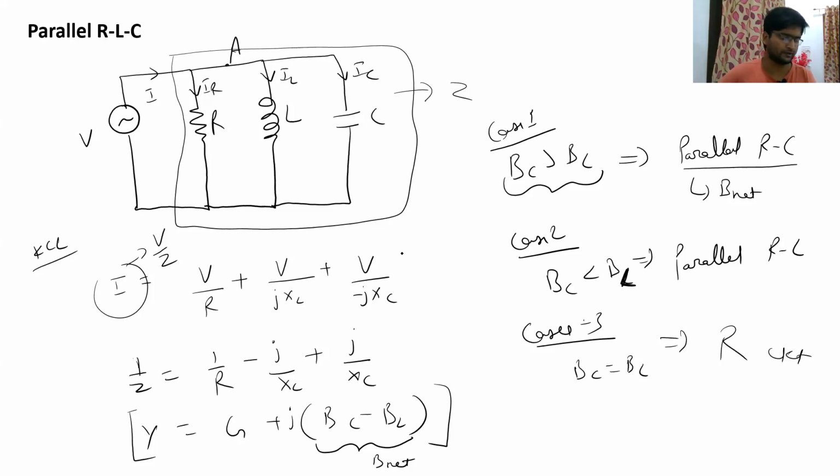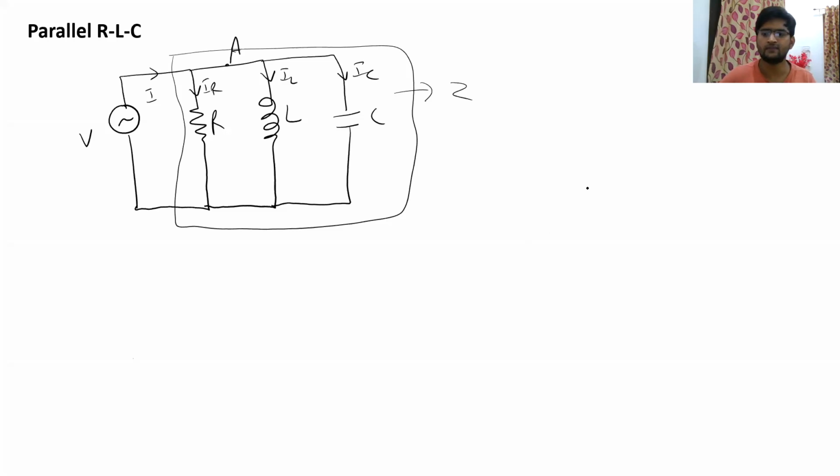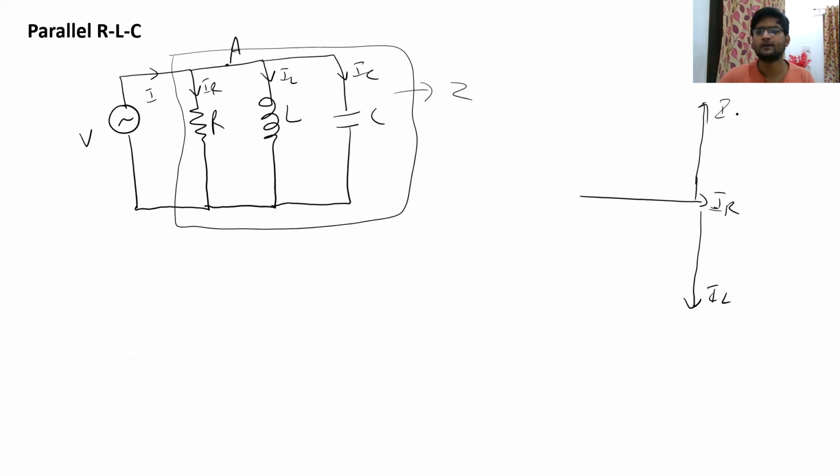And let us quickly draw the phasors so that our comprehension of this topic is complete. So as it is very clear, if we take the resistive current IR in this direction, then definitely the inductive current IL should be taken at a 90-degree negative phase with respect to IR, and obviously IC will be in the positive 90-degree direction.